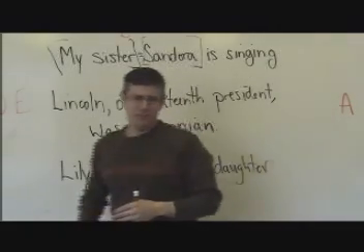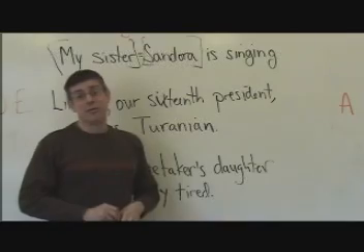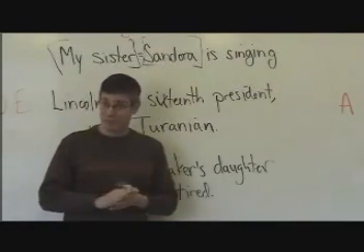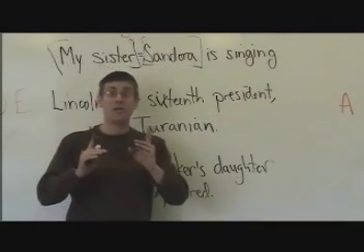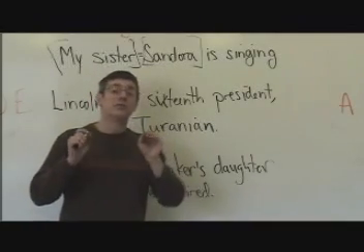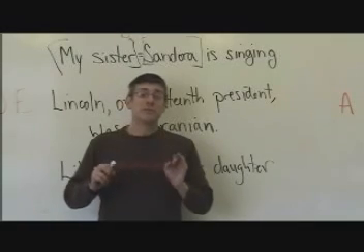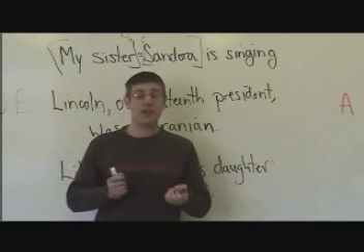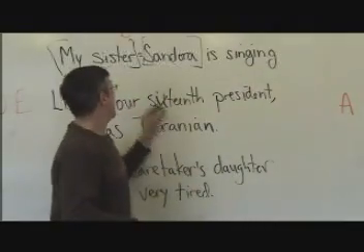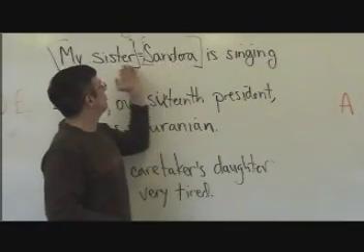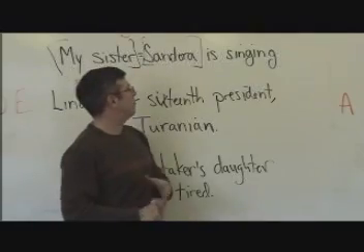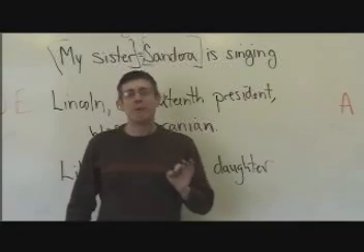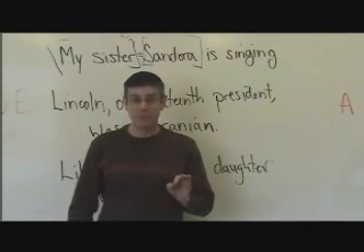Now, appositives can be either restrictive or non-restrictive, just like lots of other elements in sentences. So when you have an appositive, there's a question of whether the appositive should be surrounded by commas. Should it be set off by commas? And the answer in this particular case, my sister Sandora, depends on how many sisters you have.